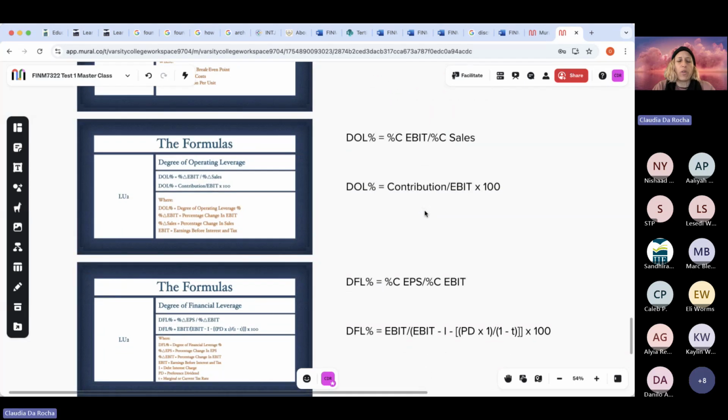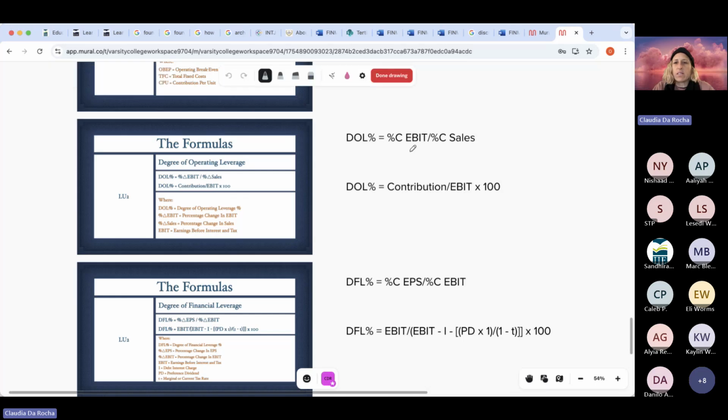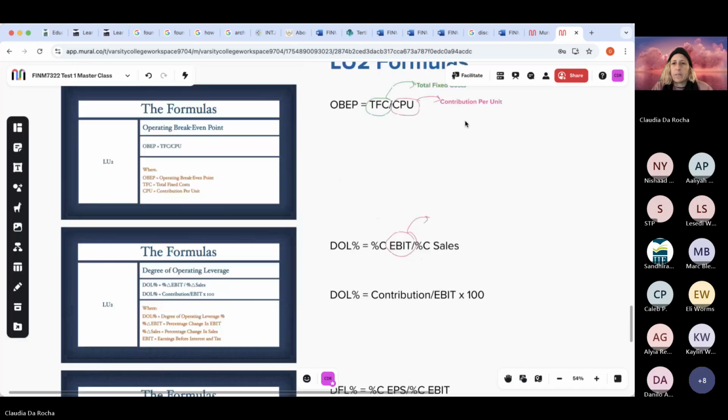Right, then with our degree of operating leverage, it's this percentage change. So I've just put a C here of your EBIT, of your percentage change of your sales. So this item here is your EBIT, or your earnings before interest and tax.